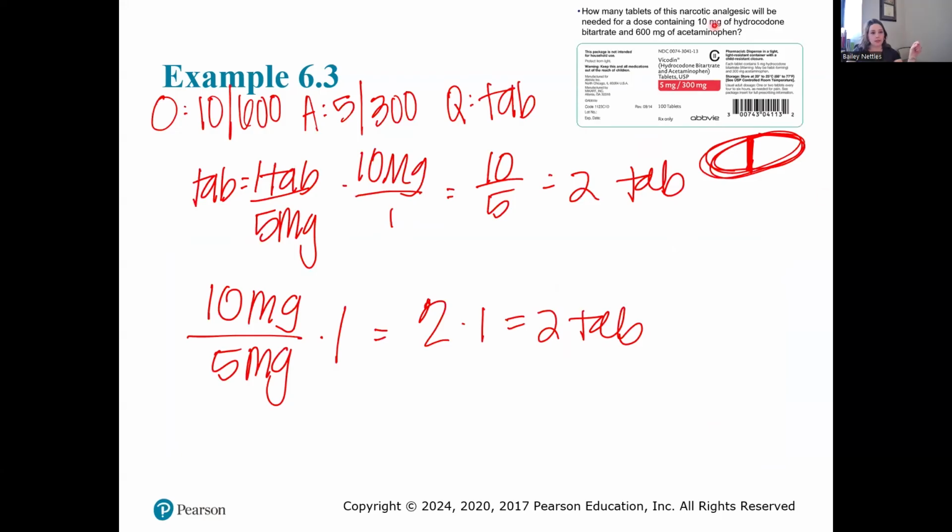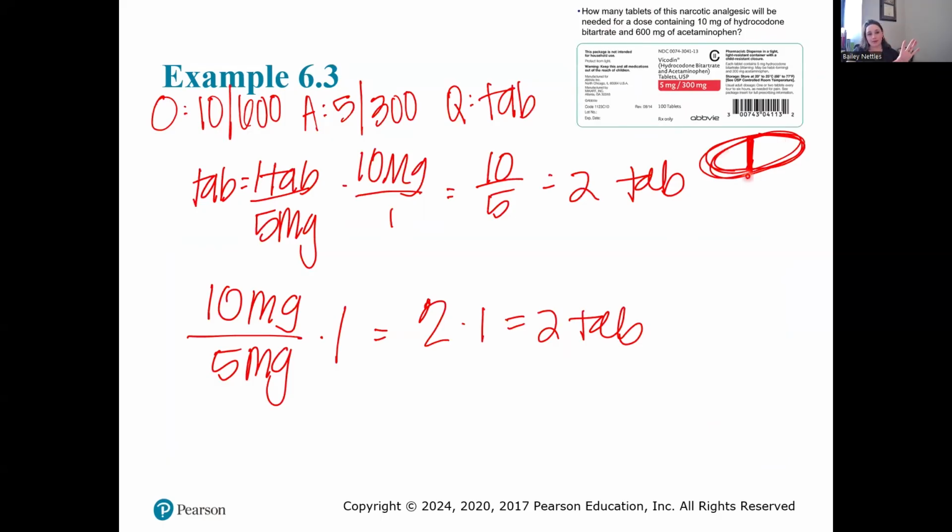My order is for 10 milligrams of hydrocodone and 600 of acetaminophen. I have in this bottle 5 milligrams and 300. So that's why I wrote that. I didn't write any of the units of measurements. You should definitely write those up here. I'm so sorry. Okay. And my question is asking for tablets.